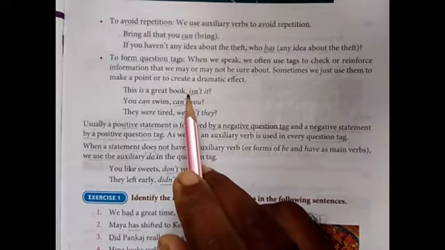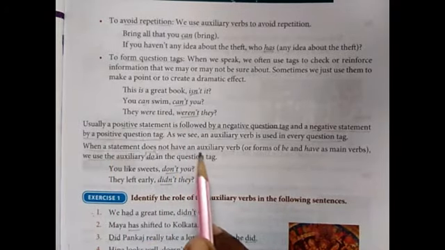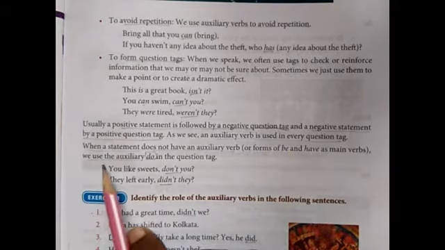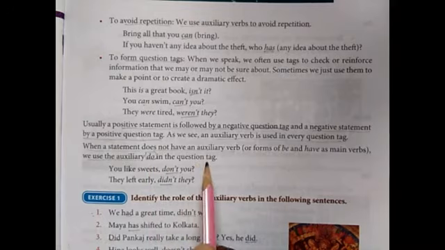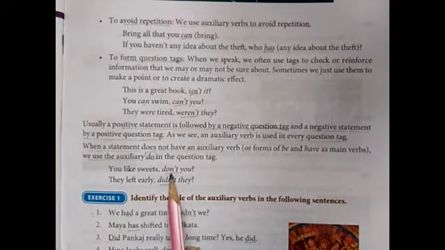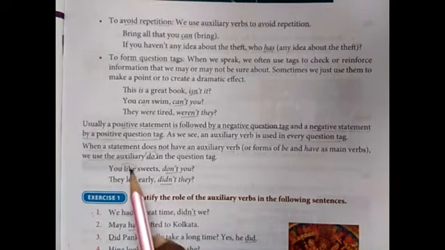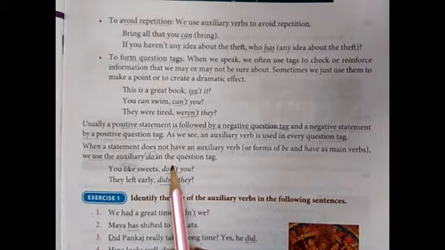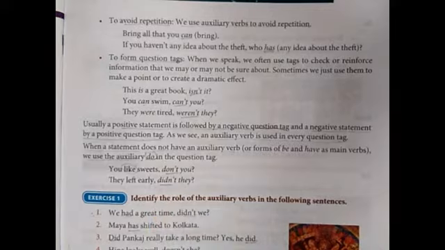When a statement does not have an auxiliary verb, we usually use auxiliary do in the question tag. You like sweets, don't you? They left early, didn't they? So here like is divided as do plus like. Here also left is divided as did plus leave, and the auxiliary verb is formed.